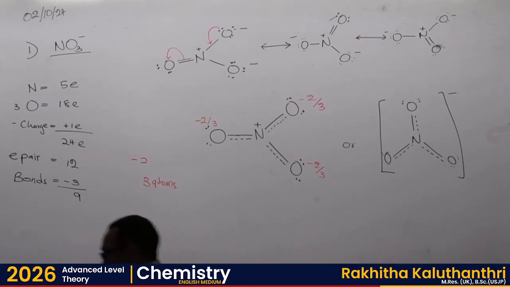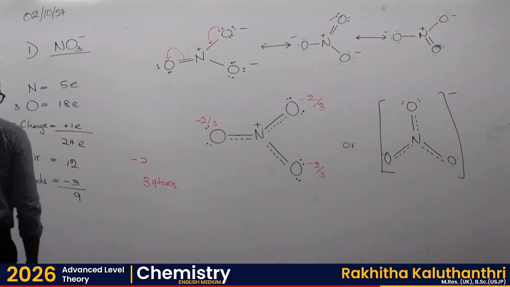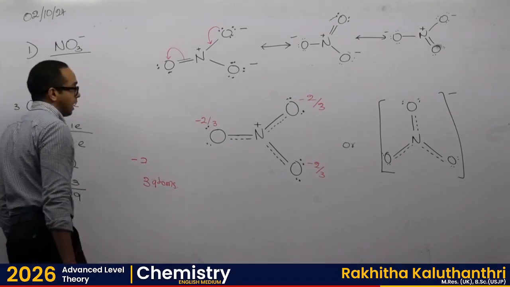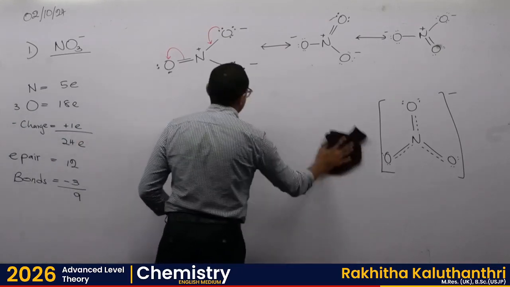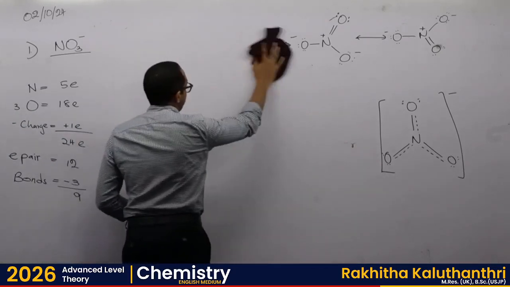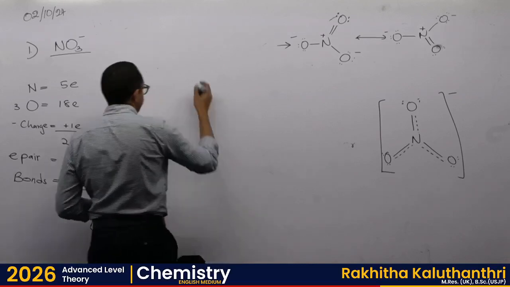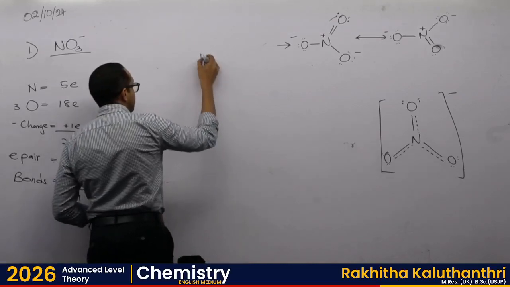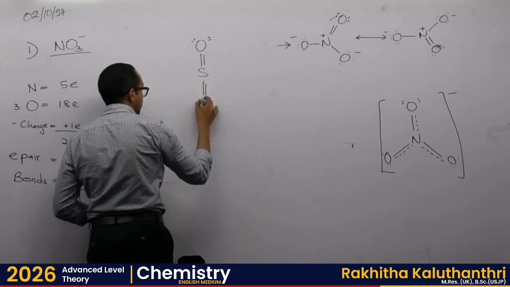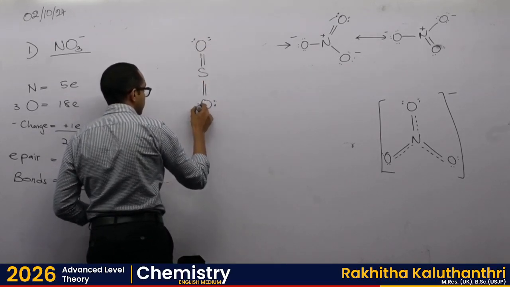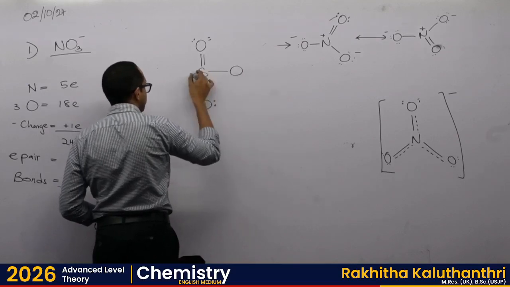Okay, everyone, pay attention. When it comes to sulfate, I will not draw the entire set of resonance structures because it will take a lot of time. But the sulfate ion has this Lewis structure. This is the most stable Lewis structure for sulfate.